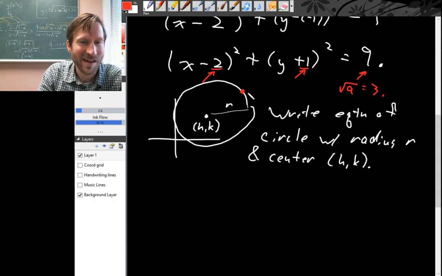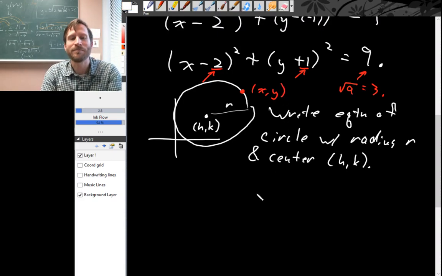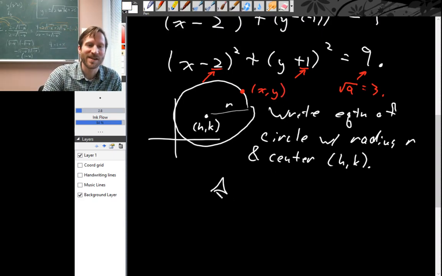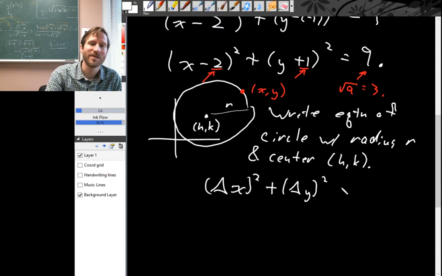Well, we can play the same game with calling a point on the circle (x, y) and then just write down delta x squared plus delta y squared equals the radius squared, just like before.